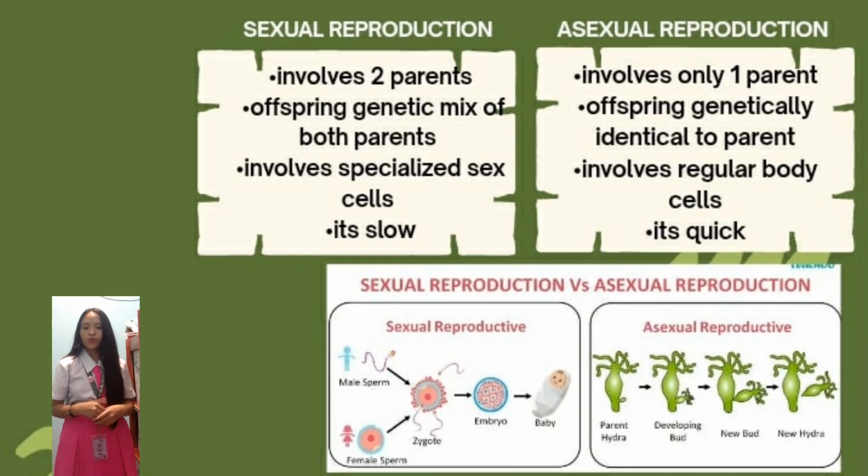While asexual reproduction involves only one parent, and the offspring is genetically identical to the parent. For sexual reproduction, two parents are needed, a father and a mother. For example, as humans, we need a female and a male to produce a baby.